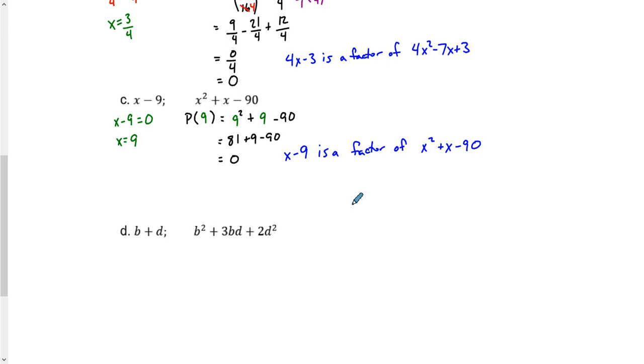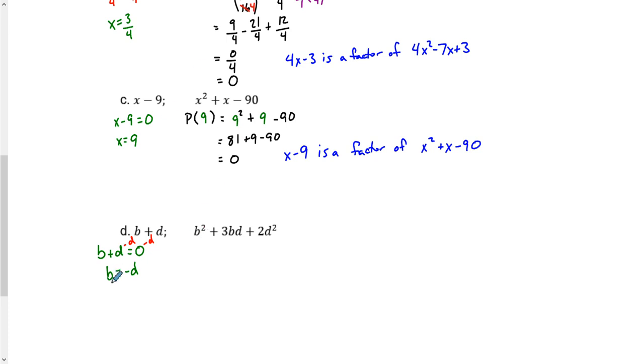How about this one? Ooh, b plus d. It's actually not much more difficult. Where does b plus d equal 0? Well, we could actually solve it either way. Let's solve for the b. So let's subtract d. So b equals negative d.